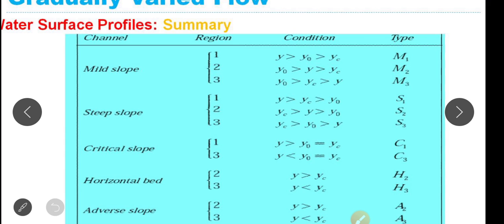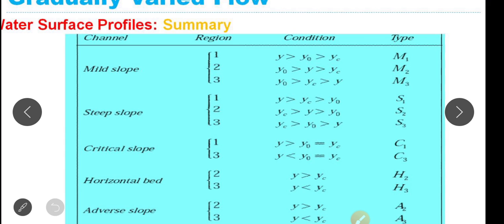Okay. In the last class, we completed up to all the water surface profiles. We completed all the bed slopes: mild slope, steep slope, critical slope, horizontal slope, and adverse slope.